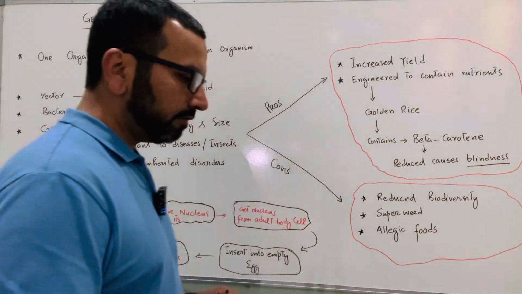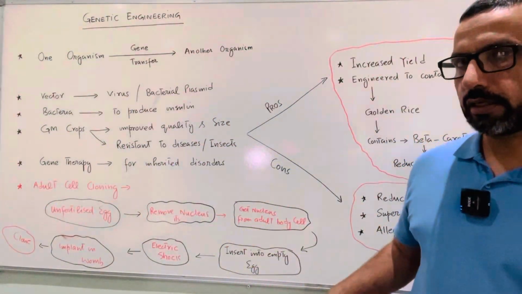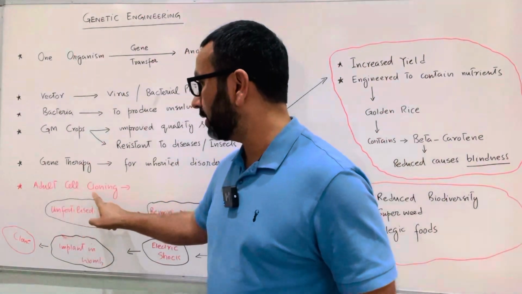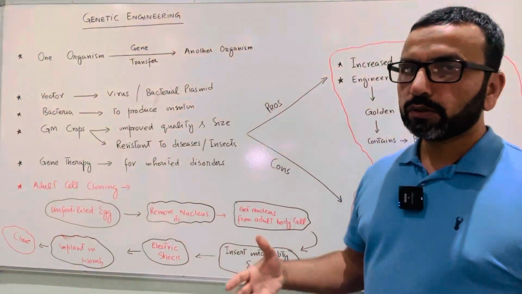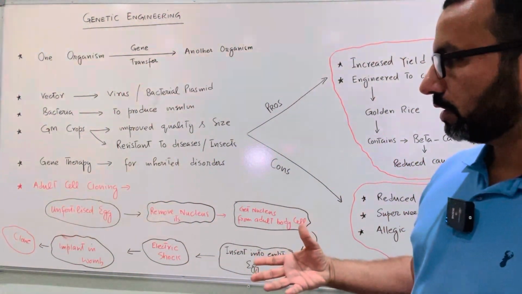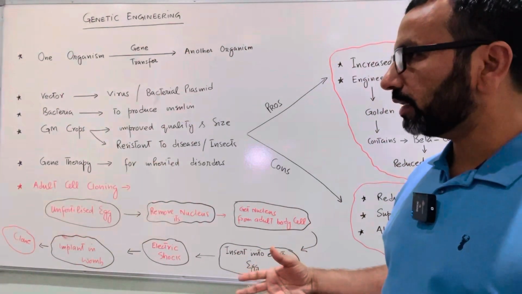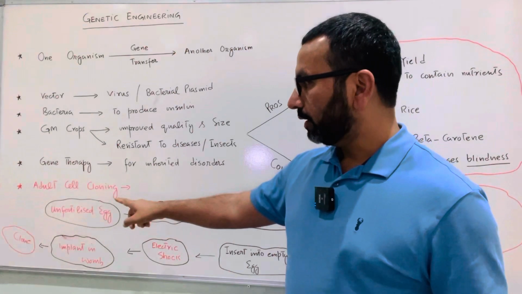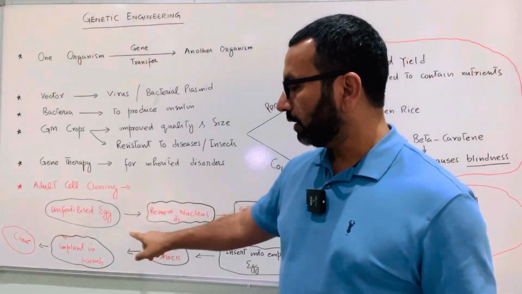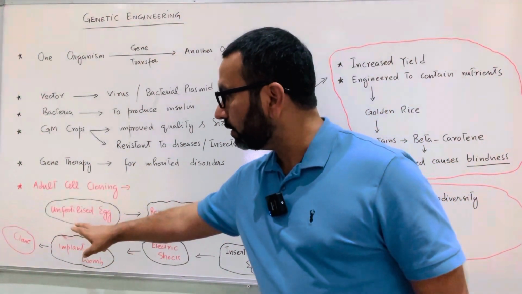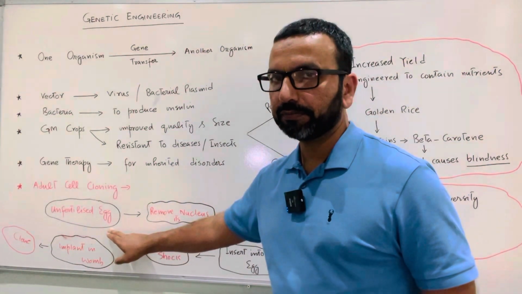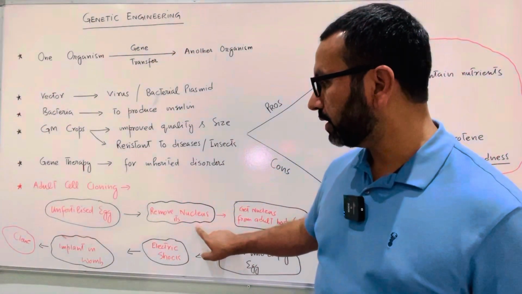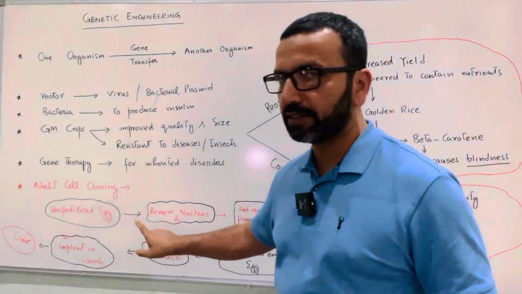There is one more related topic for genetic engineering, and that is called adult cell cloning. Cloning is a process by which we produce similar and identical cells. In adult cell cloning, first we get an unfertilized egg, and in the second step we remove the nucleus from the unfertilized egg.